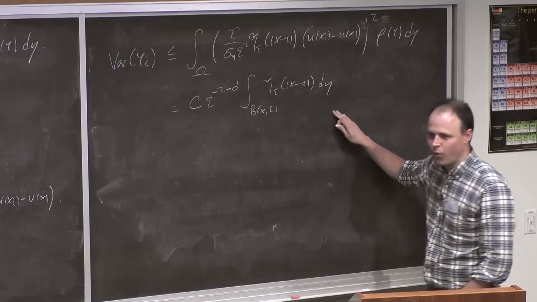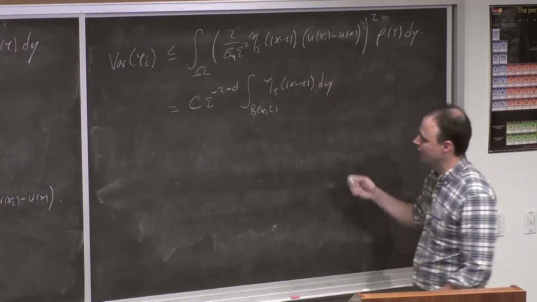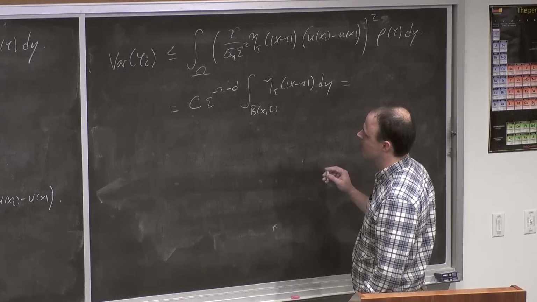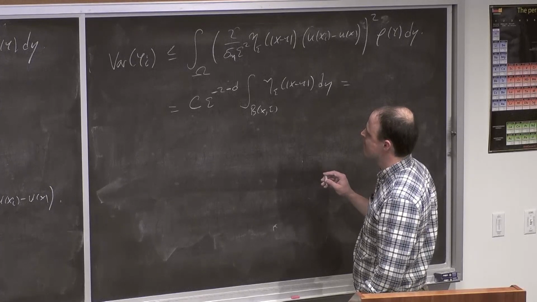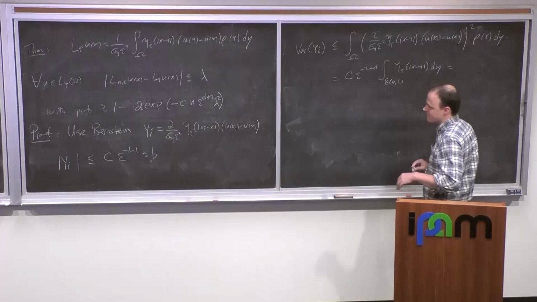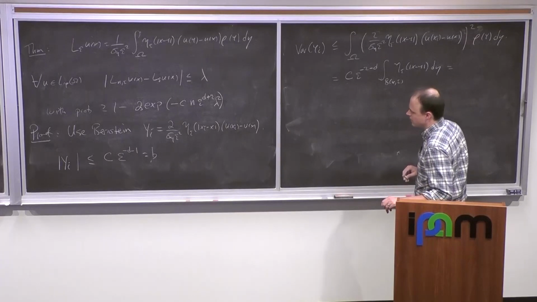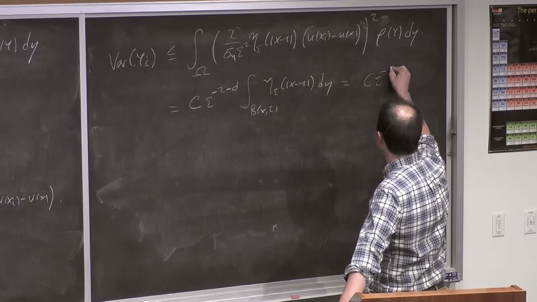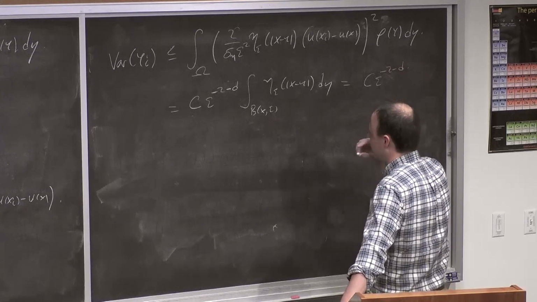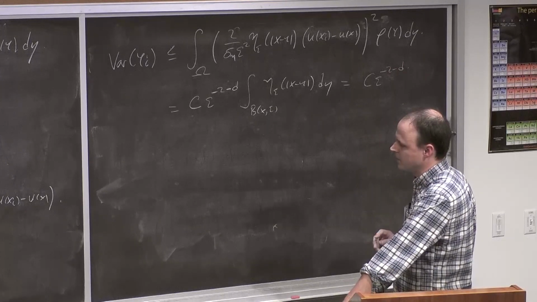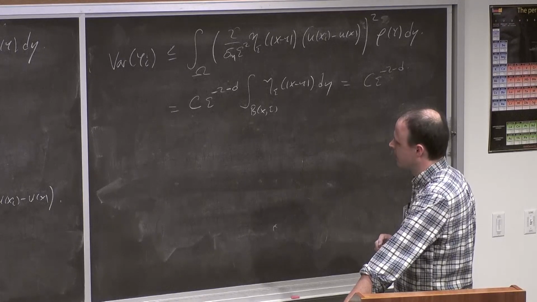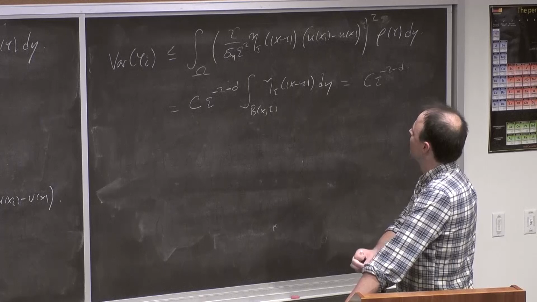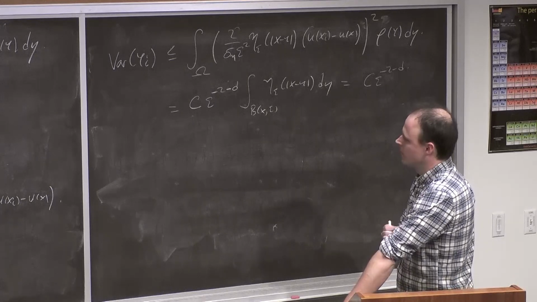And that integrates to 1 because of the way that I've scaled the kernel. Okay. So I get c epsilon to the minus 2 minus d. Right.